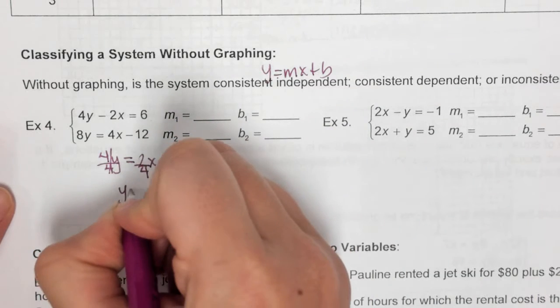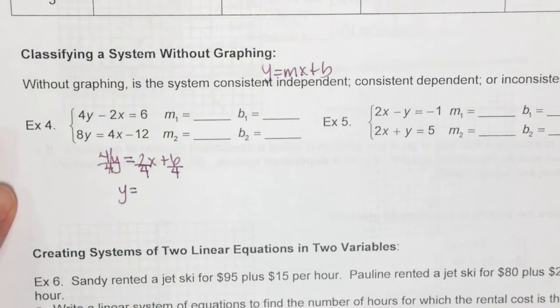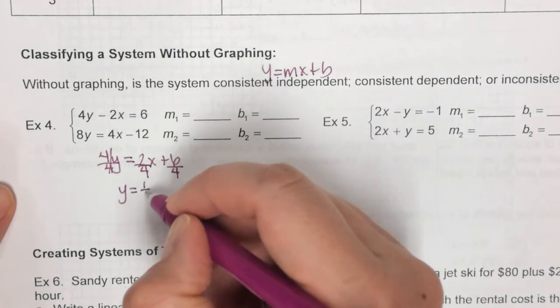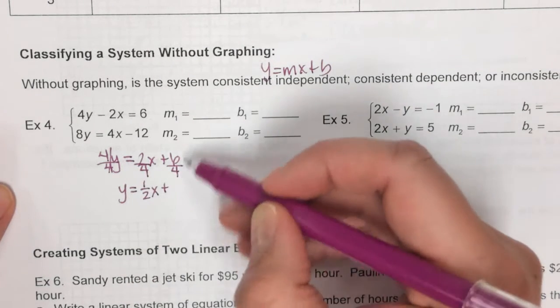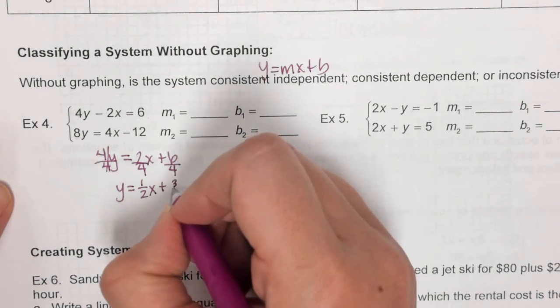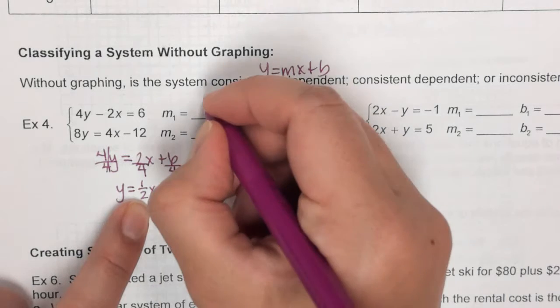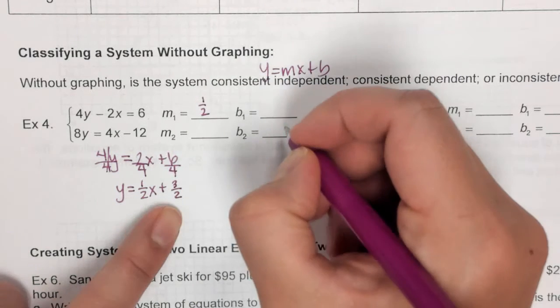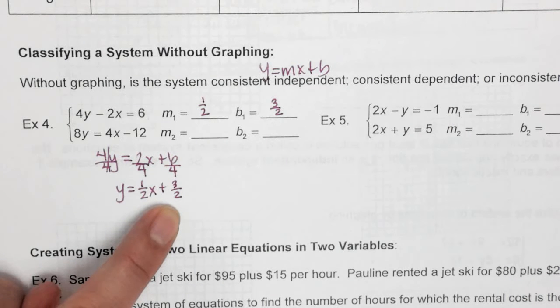So we have y equals, and always reduce, right? I would never leave 2 over 4. We should know that 2 over 4 is 1/2, right? 1/2 x plus 6 over 4 is 3 over 2. So the slope of line 1 is 1/2. The y-intercept of line 1 is 3/2. Right?